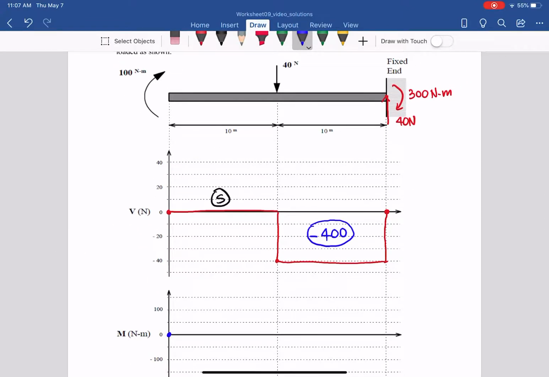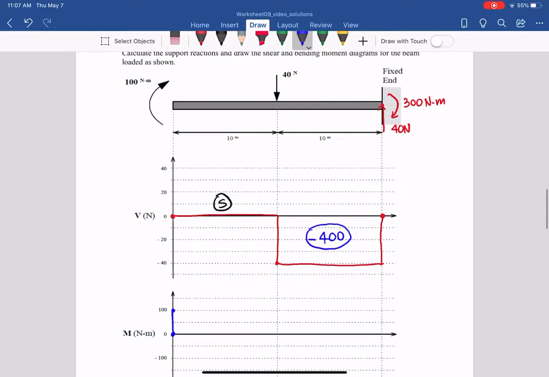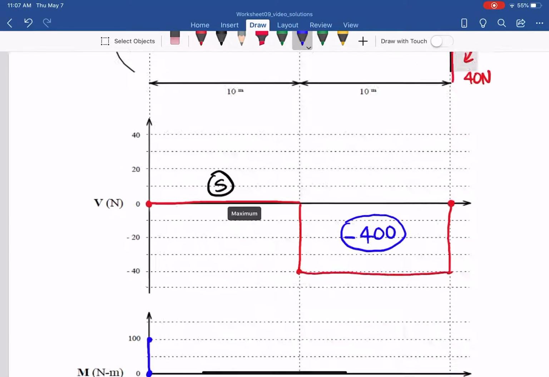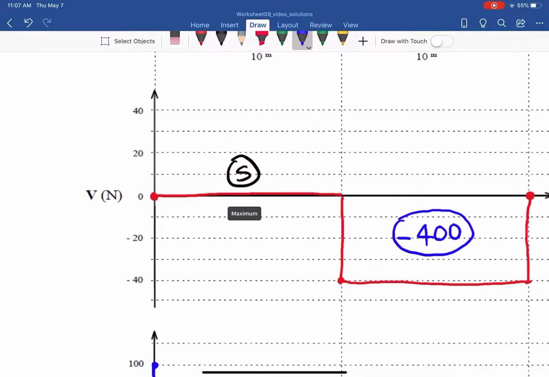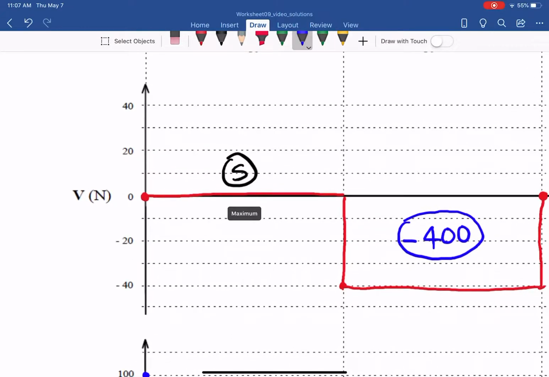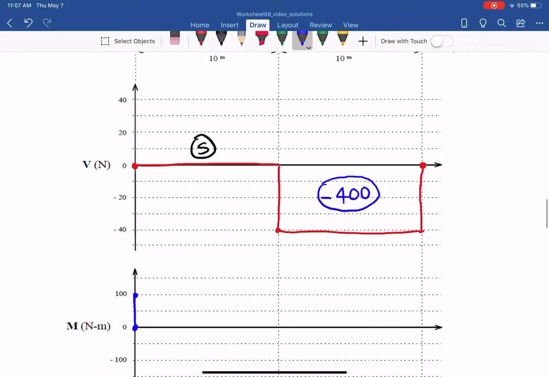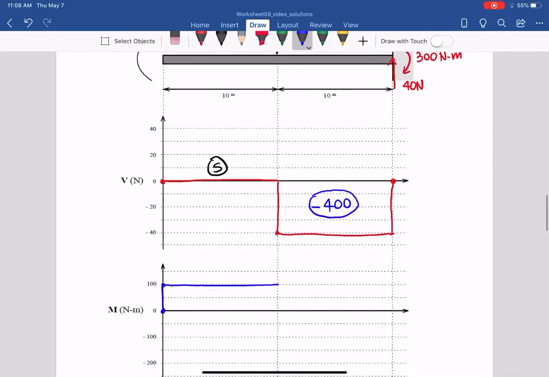So you have that here, move up 100 Newton meter. Then between the left and the 40 Newton load, the first 10 meters, nothing else affects the moment, because the area under the shear curve is 0, since the shear in that 10 meters is 0. So there is no change in moment, and the moment remains unchanged at 100 Newton meter.